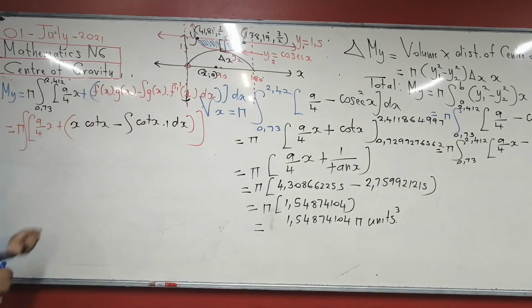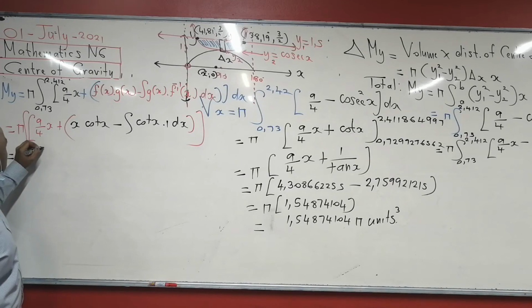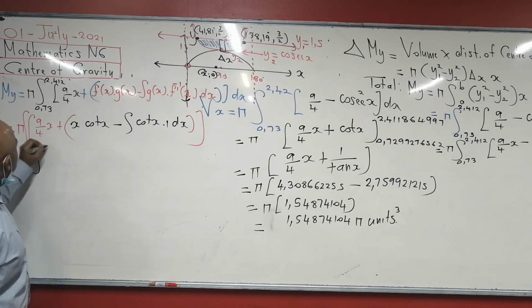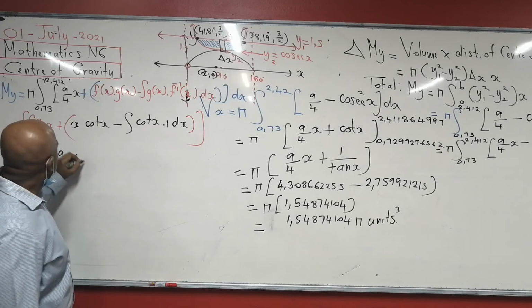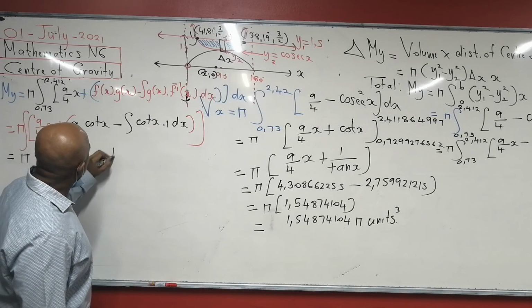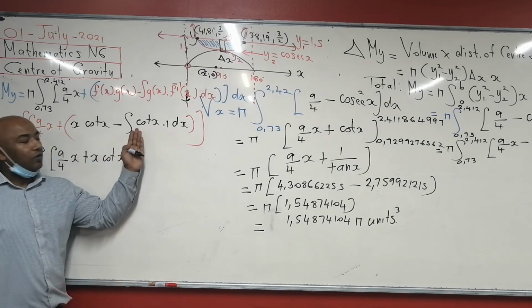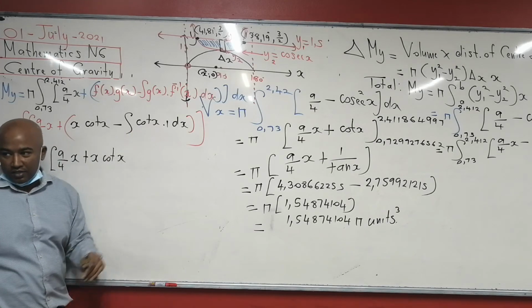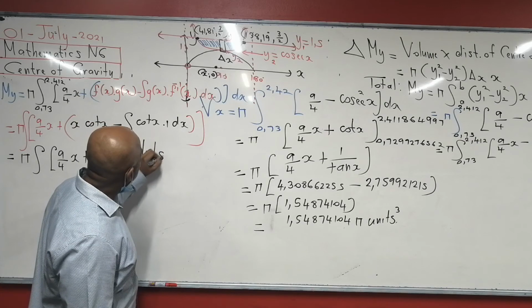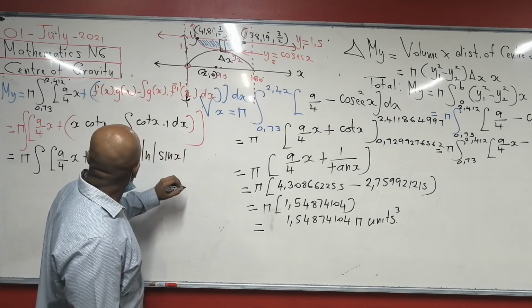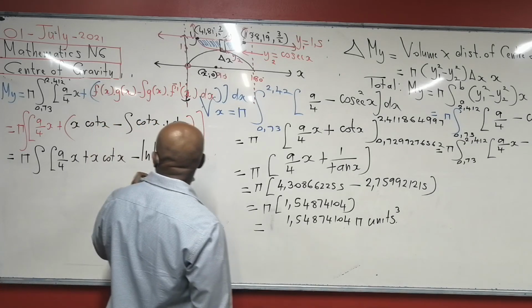Alright, so now I got my pi there, and then we got the integral of 9 over 4 x plus x cot x, and now I can integrate cot. When I integrate cot, it's going to be ln absolute value of sine x, and then I'm done here.